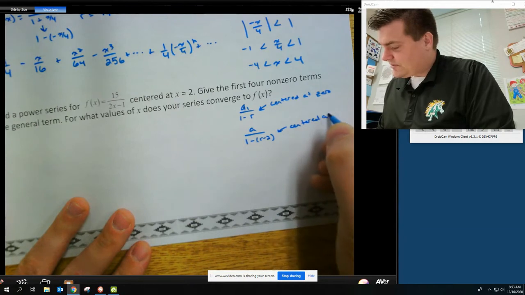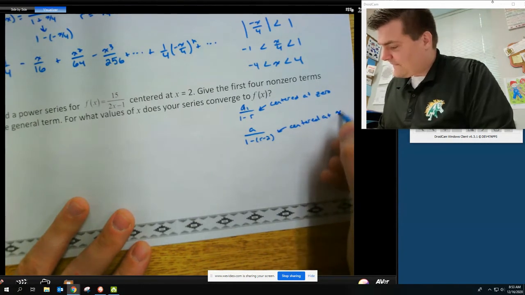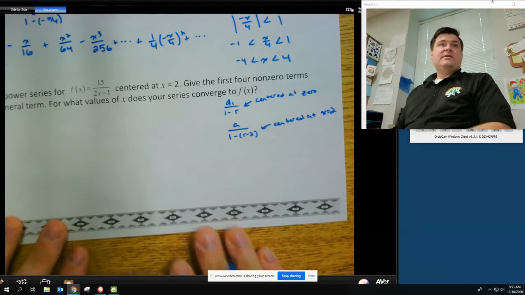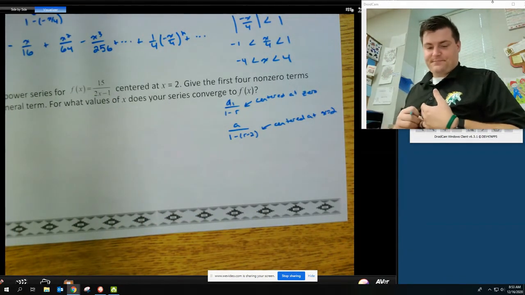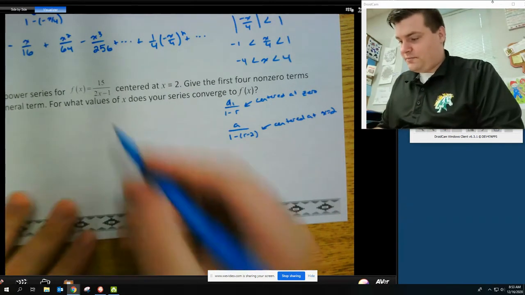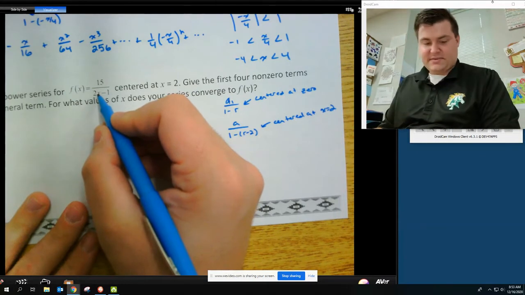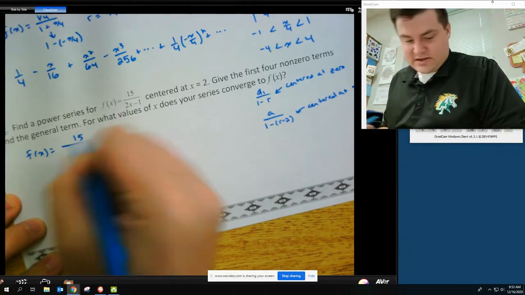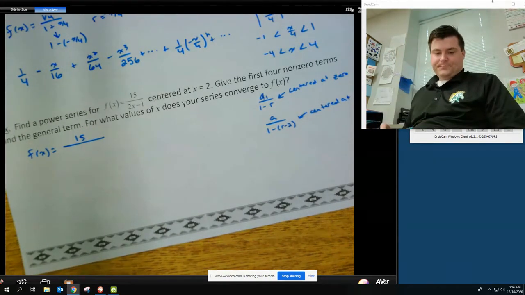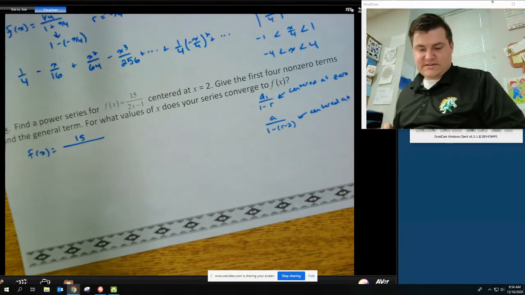Okay, so I just need to rewrite this. So this is now centered at 2, which means that I'm going to need to play around with this just a little bit here. So I want to write this so that it becomes an x minus 2. So f of x is going to equal 15 all over, and I want to rewrite this as an x minus 2.